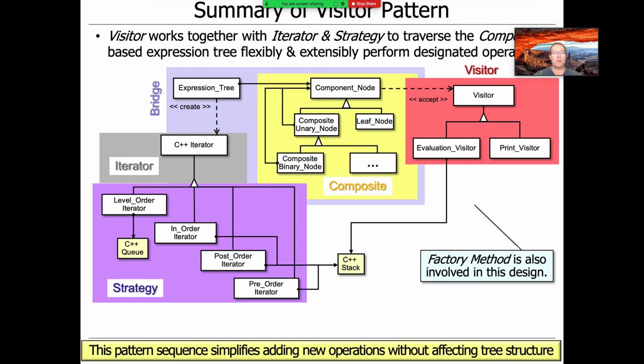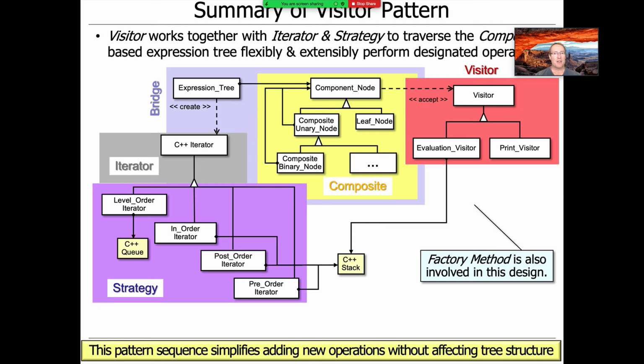So in our example, we use visitor together with iterator and strategy to traverse our composite-based expression tree in a very flexible and extensible manner in order to perform the designated operations. So as you see here, there's a lot of patterns involved. We've got iterator to iterate through every element in the tree in some traversal order.